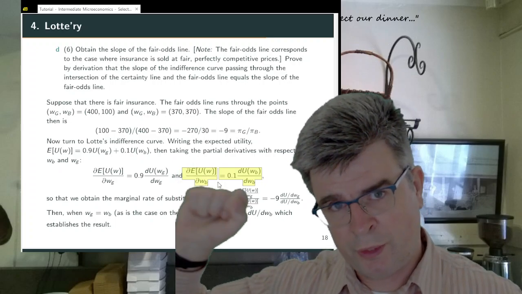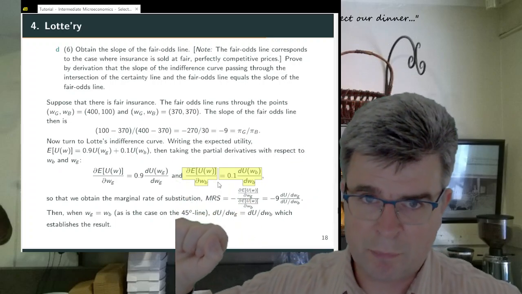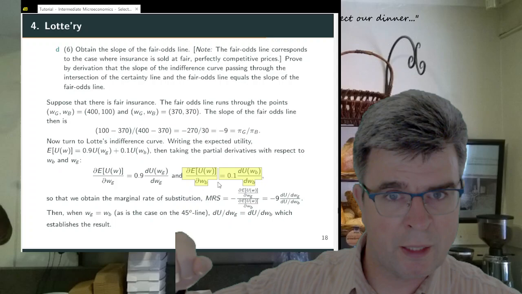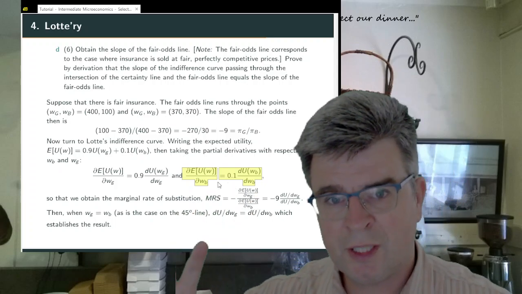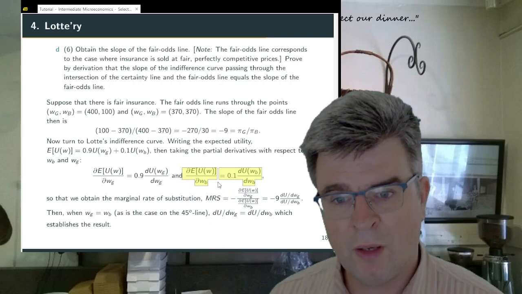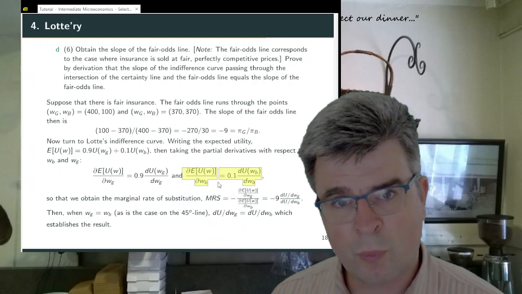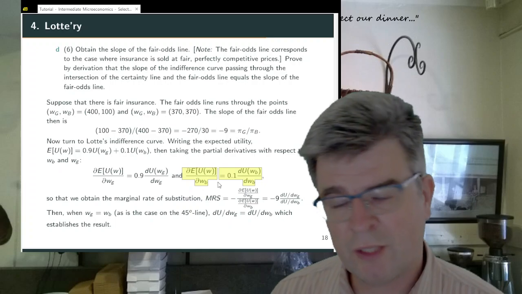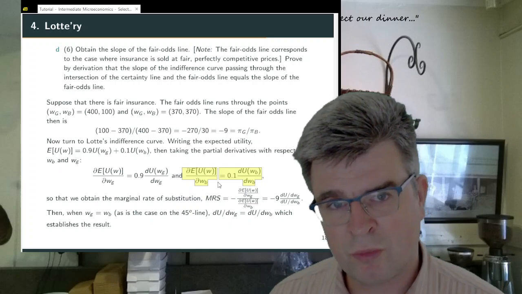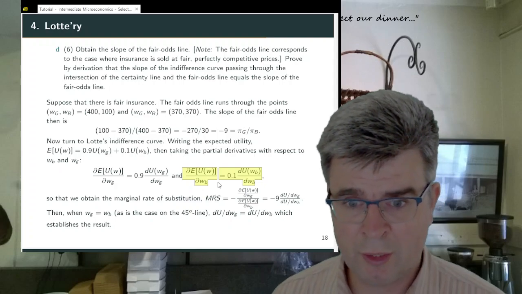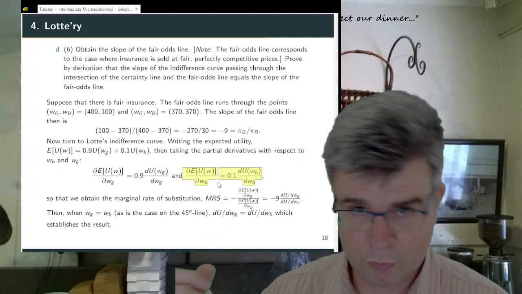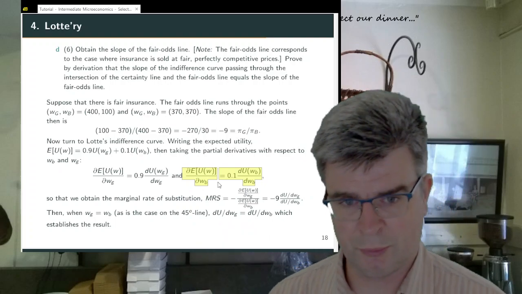So we know that it is the marginal utility of an extra banana divided by the marginal utility of an extra coconut. In this case, we consider a payoff of 1 in the good state of the world as a different good from a payoff of 1 in the bad state of the world. So our two goods are now what we get in the good state of the world versus what we get in the bad state of the world.